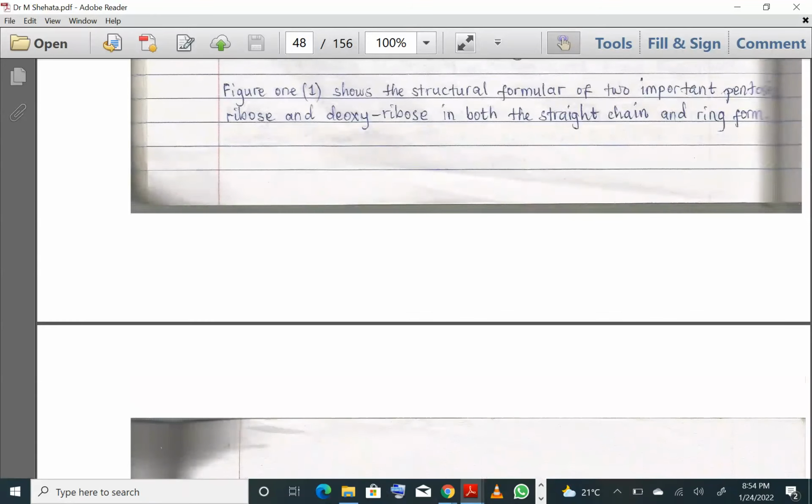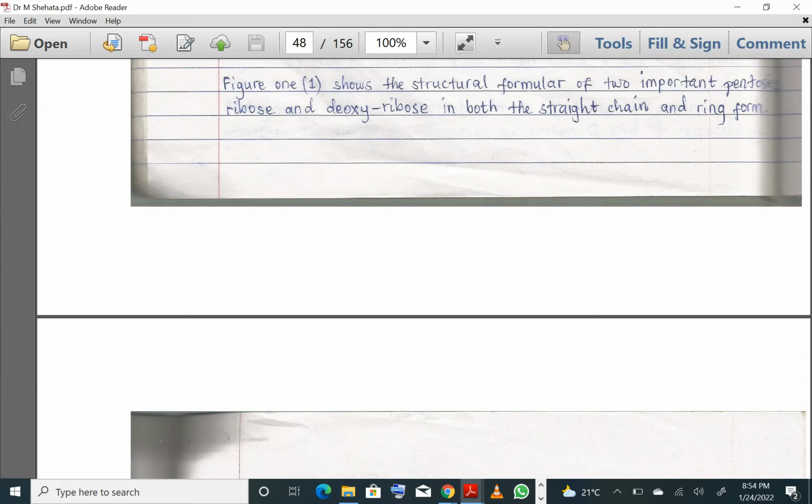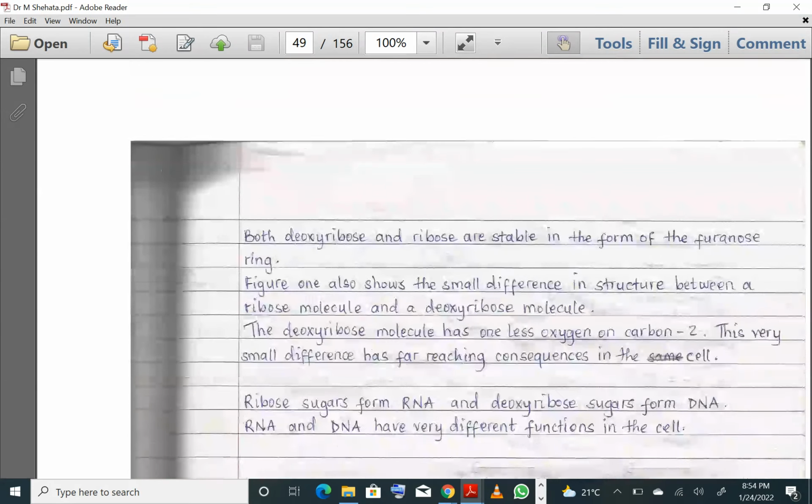Okay, so the figure shows the structural formula of two important pentoses. Okay, we've talked about that. So those are being shown in both the straight and the ring form. Yeah, so deoxyribose and ribose are stable in the form of the furanose ring. I've already talked about that. So the main difference is just that deoxyribose has got one less oxygen on carbon 2.